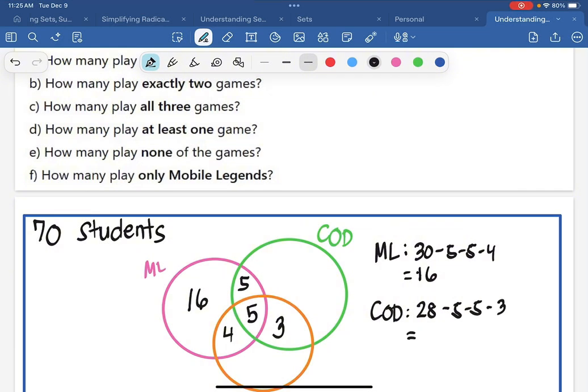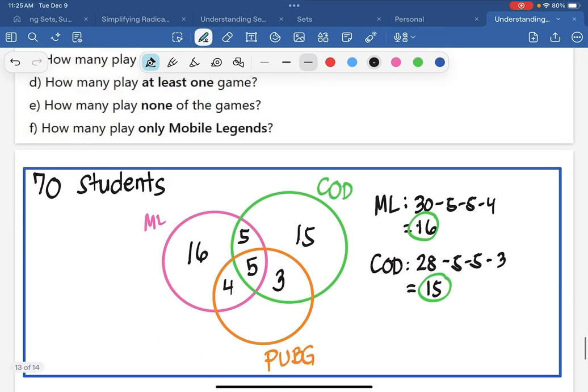So 28 minus 5 is 23, minus 5 is 18, and minus 3 is 15. So last one, we have PUBG.